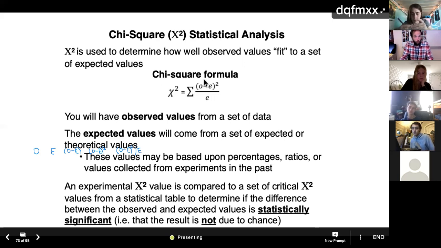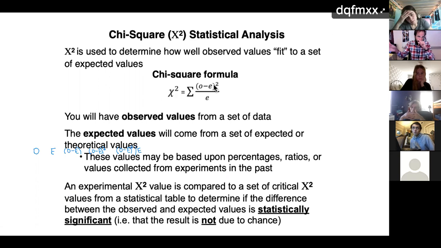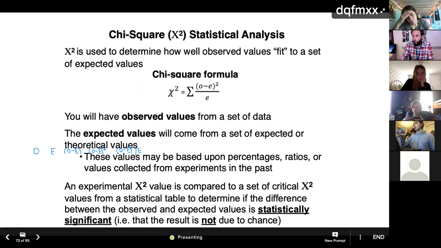For all of you Greek scholars out there, the Greek letter sigma means sum. Once we have all those values in that final column, we're going to add them together. As I set up those individual columns, I'm doing a step-by-step process that I can use to sum all of those values together at the end.